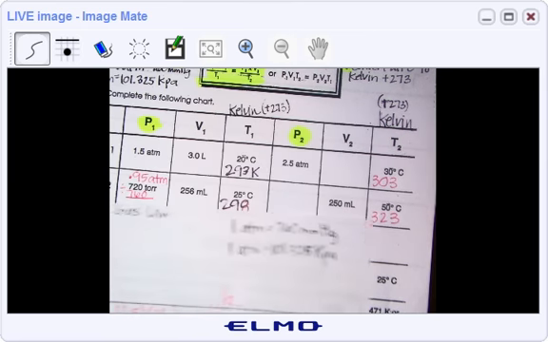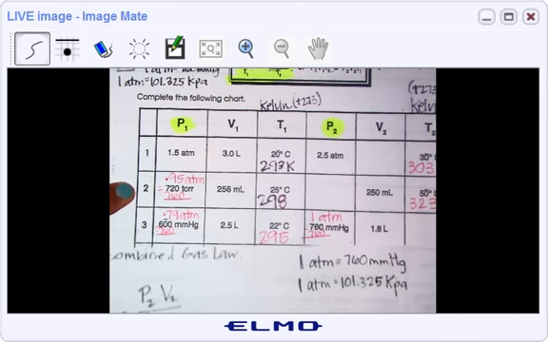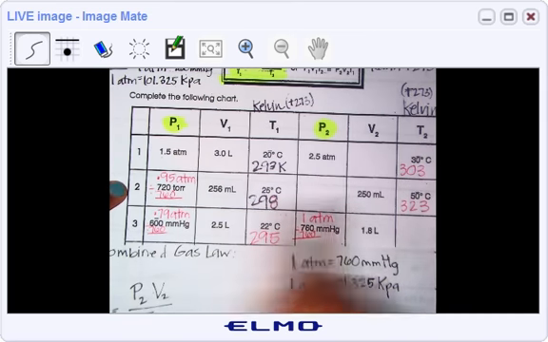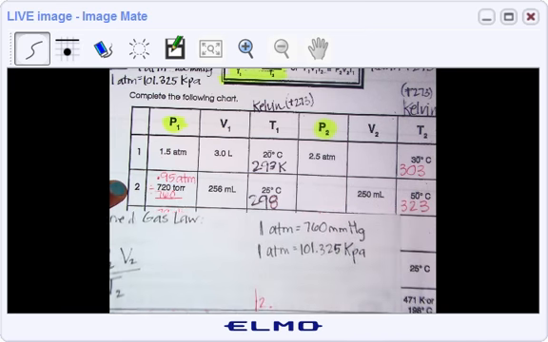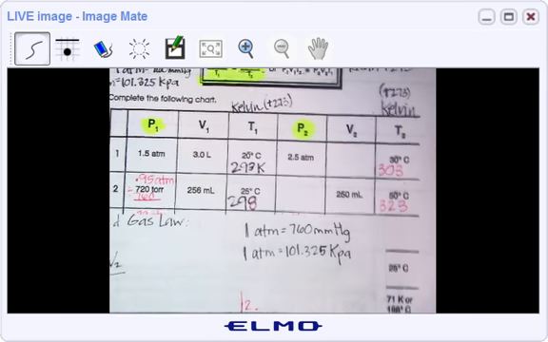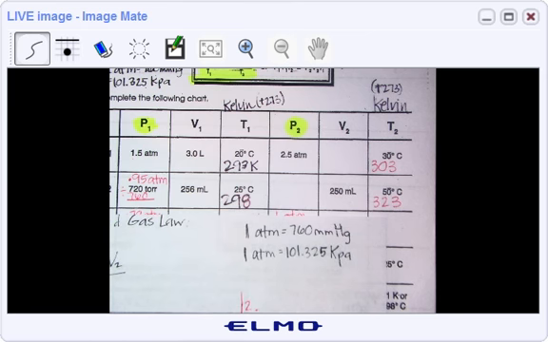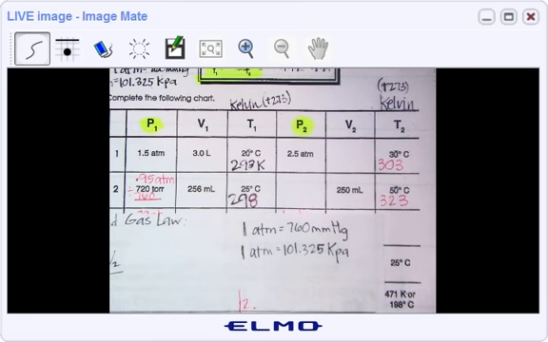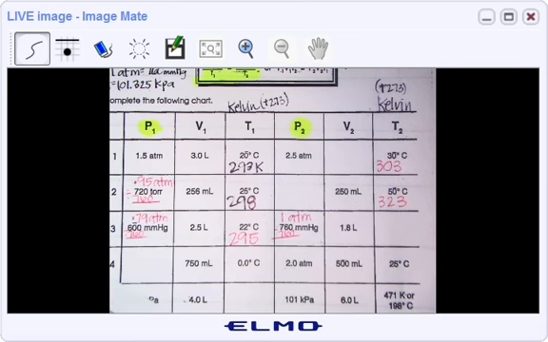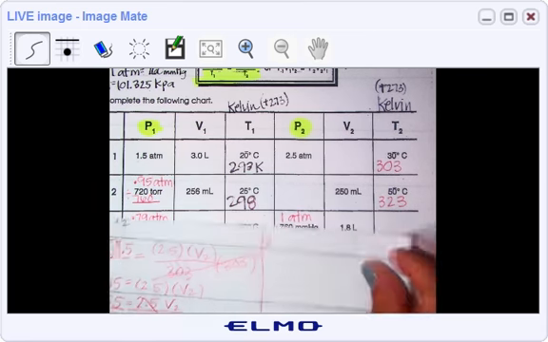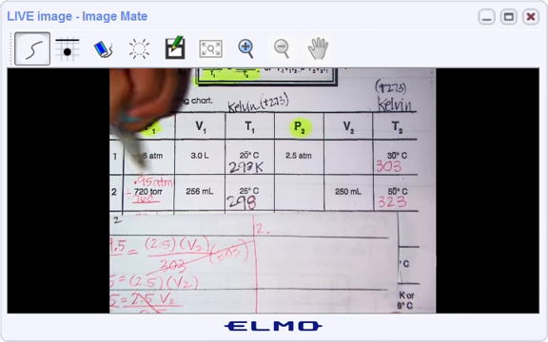Okay, so here's my number 2 back on the worksheet. I'm just going to use the numbers that are given to me already and plug them into the formula. So P1 times V1, so we'll use our new converted number.